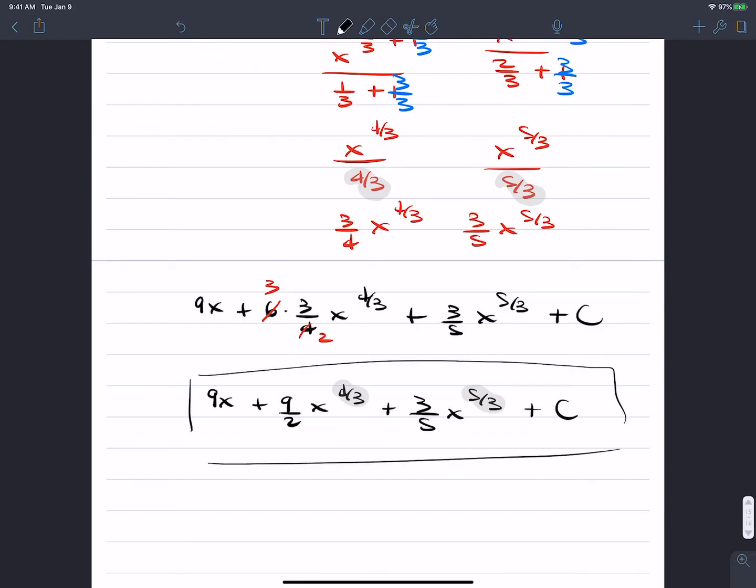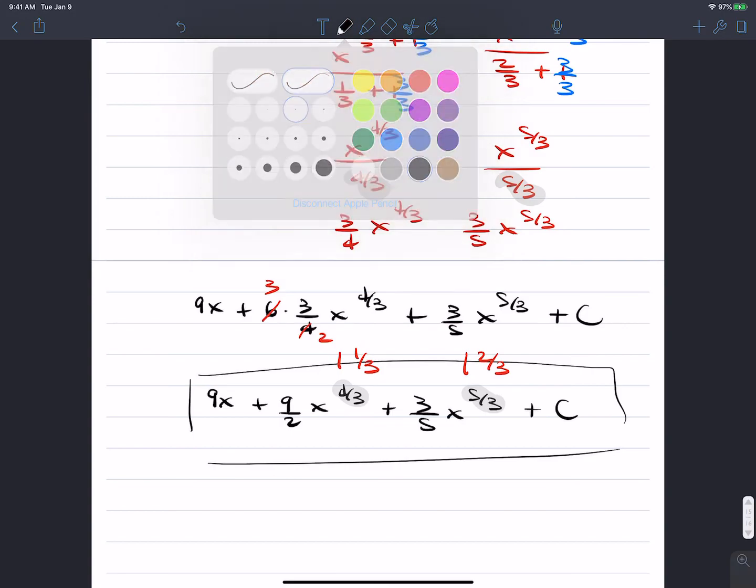And so these radicals have to be simplified. So write this as a mixed number. 4/3 is really 1 and 1/3. 5/3 is 1 and 2/3.